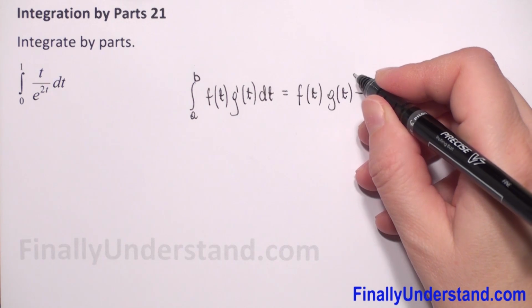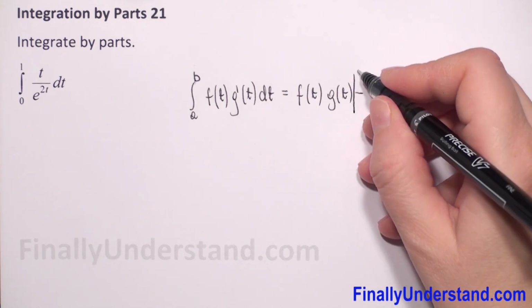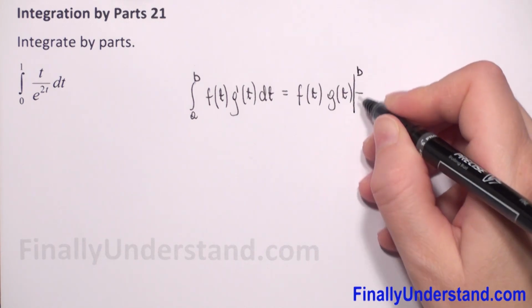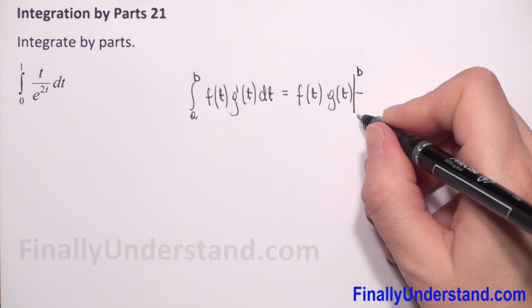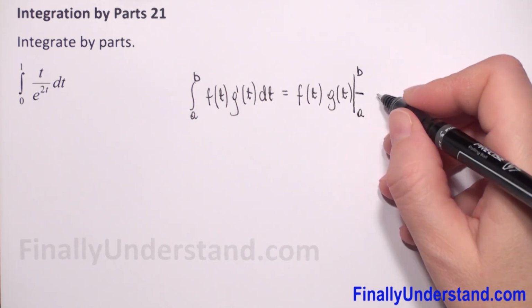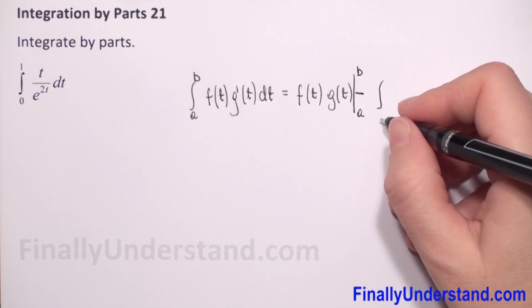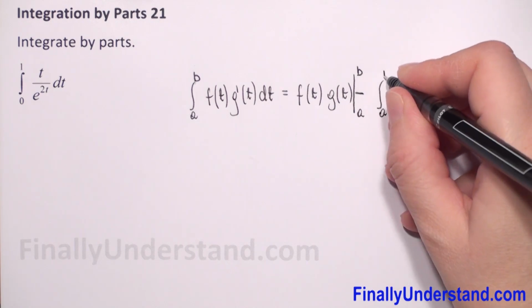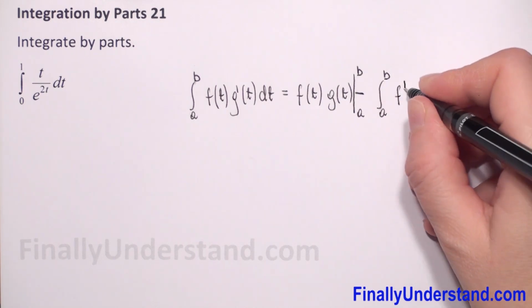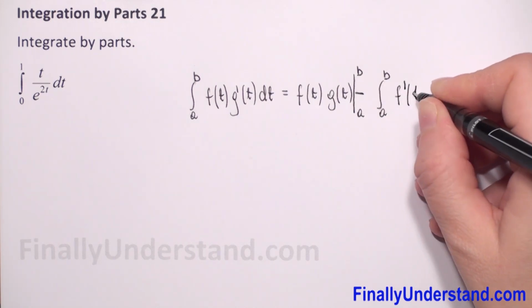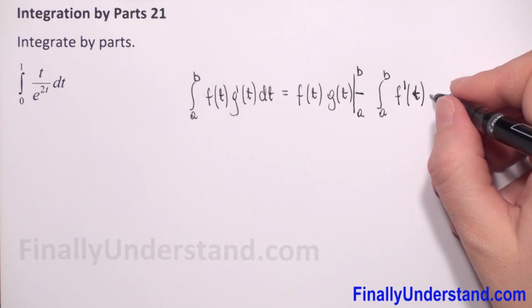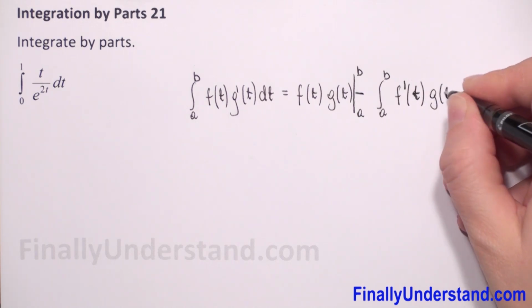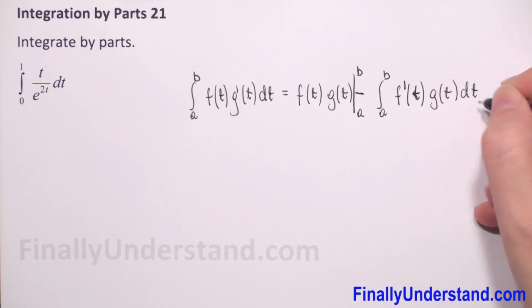And I forgot we have to put limits first from b on the top and on the bottom a minus. Now we have integral from a to b of f prime of t times g of t with respect to t.